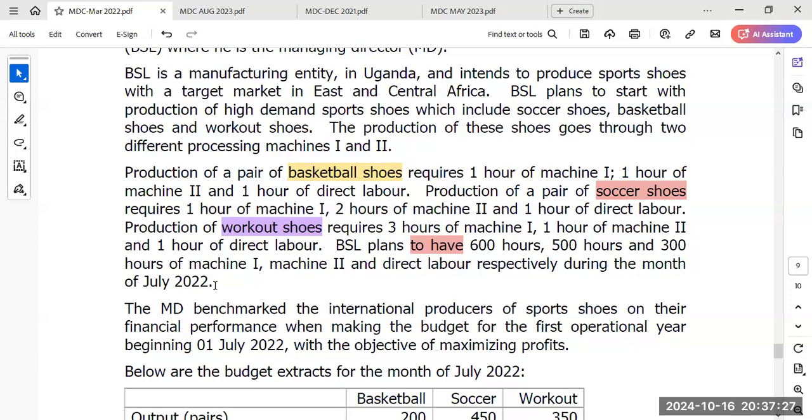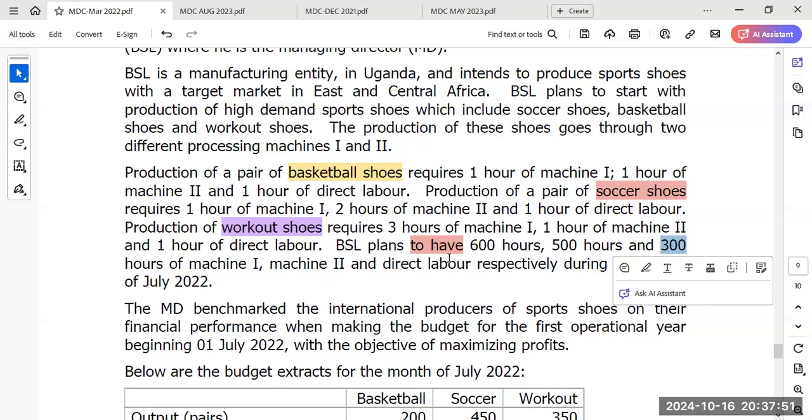It means that as this company, they don't have another time beyond this. They only have, for machine 1, what? 600 hours. For machine 2, they have only 500 hours. Then direct labor, they have 300 hours.